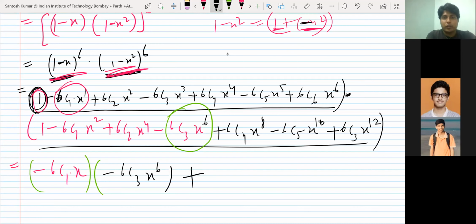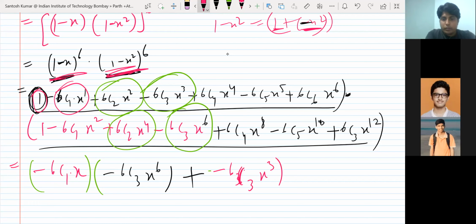That's what we want. Come to the third term in the first factor. Which term will you multiply in the second factor to get x raised to power 7? None, right? So come to the fourth term in the first factor, minus 6C3, x cube, which will multiply with plus 6C2, x raised to power 4.